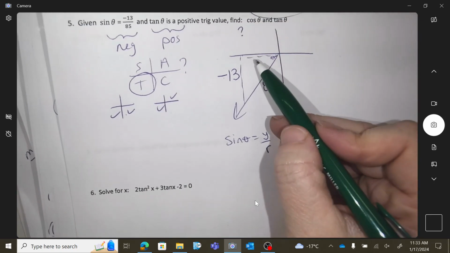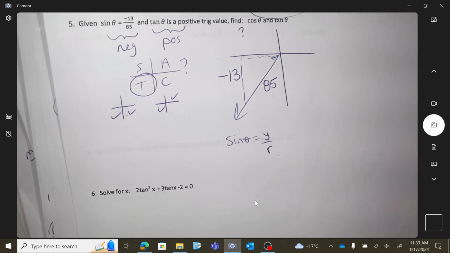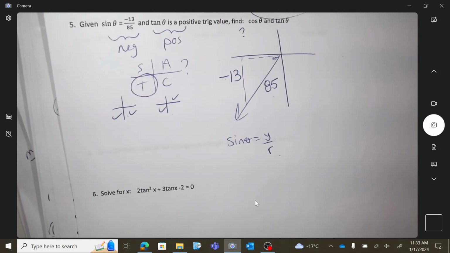So I need the other side of my triangle. So I need you to give me a Pythagorean theorem with subtraction, right? Because it's a smaller side. What is the oath that you took to me with this trig stuff? Do not put negatives in your math.